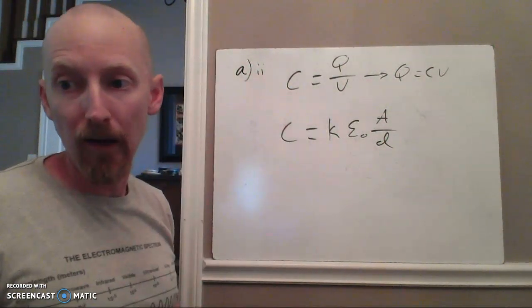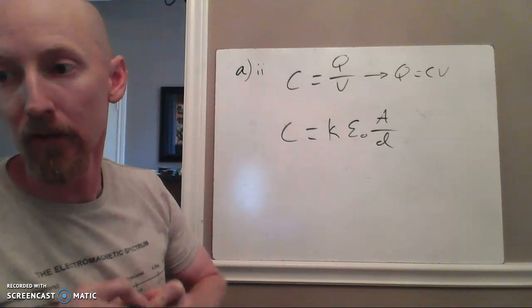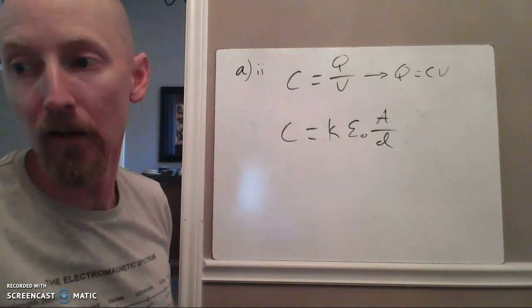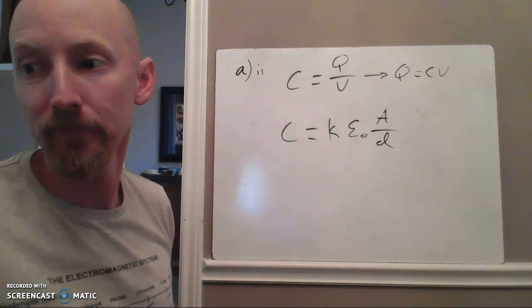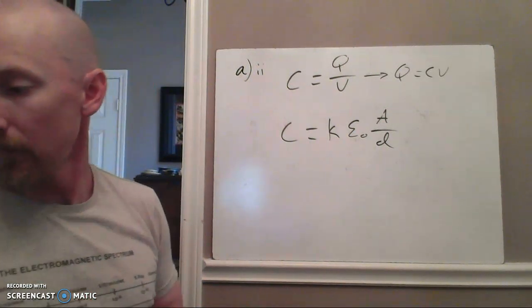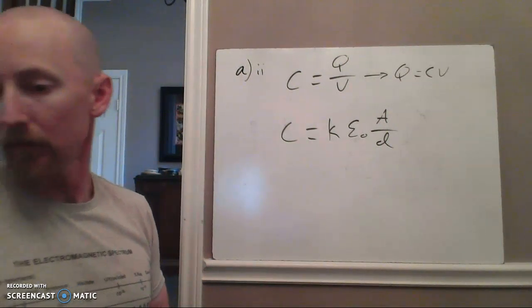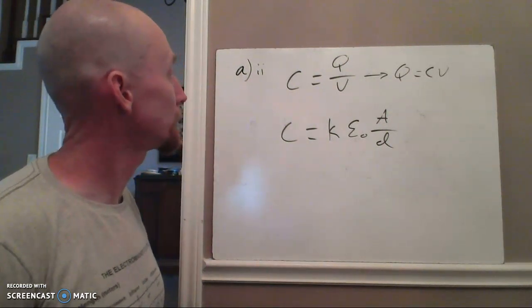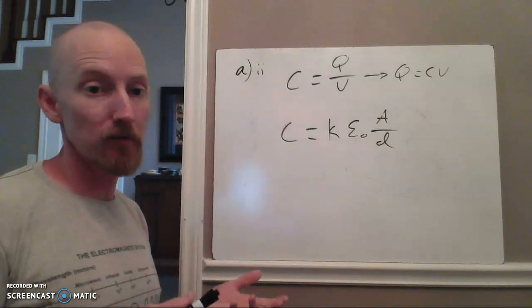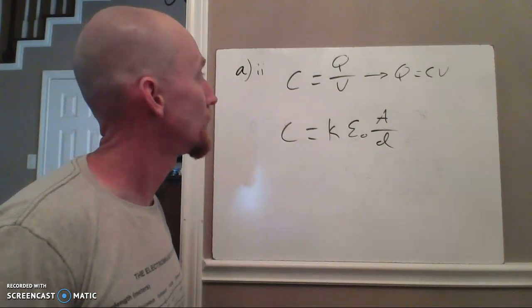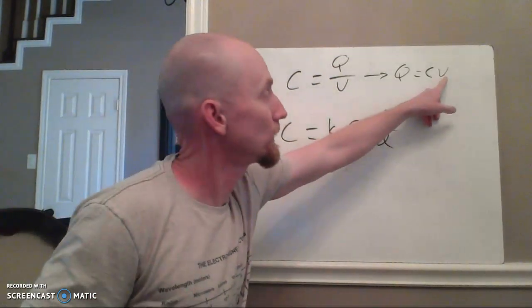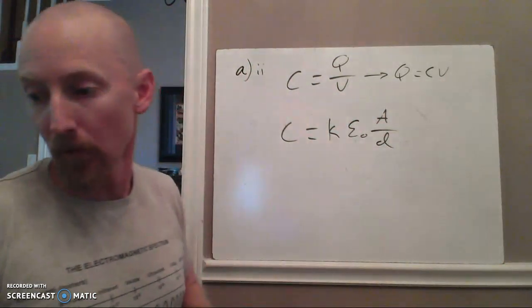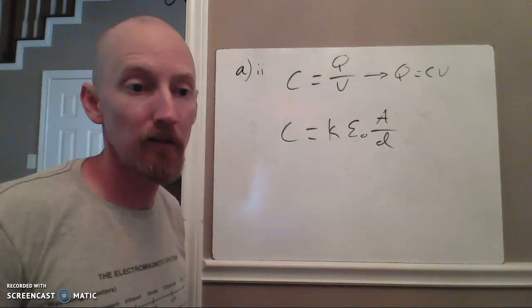Now, what happens here is the switch has been closed, and so we have charge. These things are charged up. Your voltage is not going to change because the switch is closed.